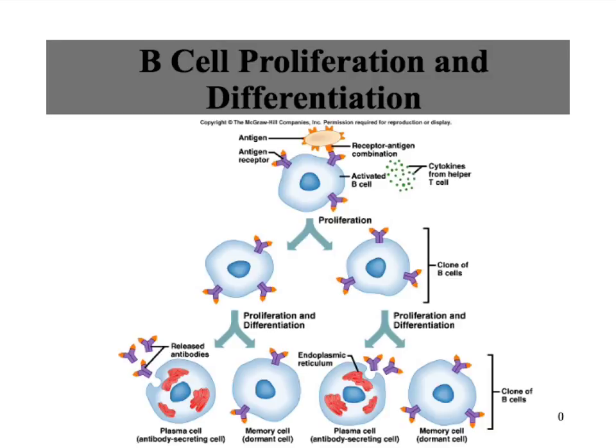Given enough time in this process, we see that the activated B cells from the previous slide, those that have been stimulated via the receptor-antigen combination and the cytokines from the T cells, undergo proliferation. We have our clonal selection of B cells. Those B cells have a few pathways here. Number one, they can differentiate into what we refer to as plasma cells, where we can increase the production of antibodies.